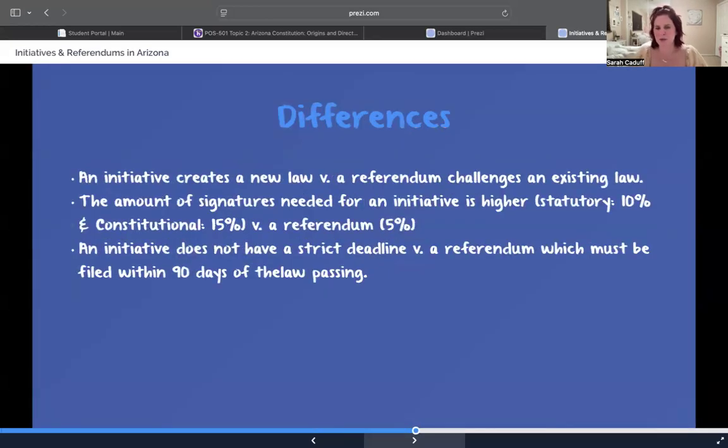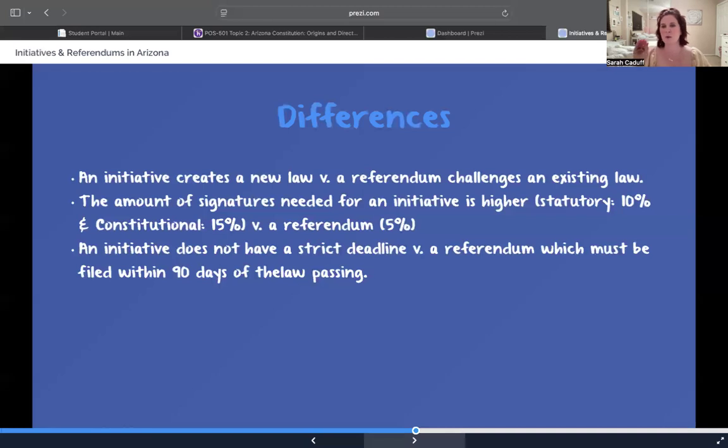Now looking at the differences between the two. An initiative creates a new law, versus a referendum, which challenges an existing law. Now, the amount of signatures needed, we talked about this in the previous slides, is far higher for an initiative than for a referendum. With an initiative, we had two options: the statutory and the constitutional.